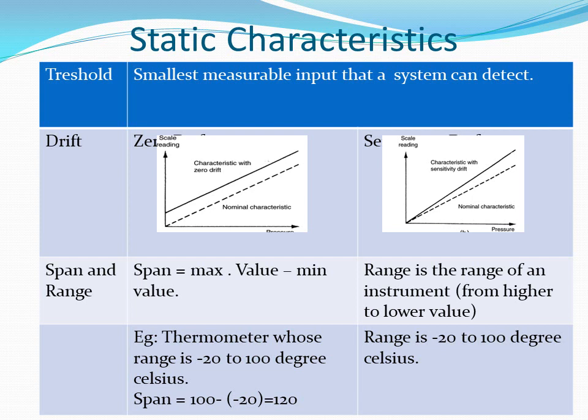Span is maximum minus minimum, so 100 minus of minus 20 equals 120. Range is minus 20 to 100 degrees Celsius, from lower to higher, whereas span is maximum value minus minimum value. So here in this case 100 minus of minus 20 is 120.